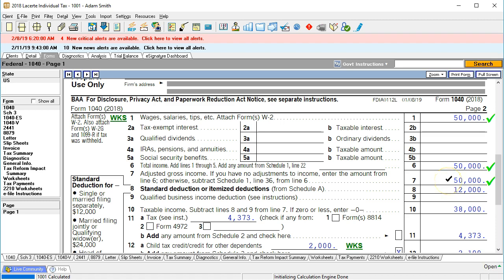So if you had some other funny things that applied as well for the modified adjusted gross income, then we would have to take this number, line 7, and adjust it for any modifications. But again, from a general rule standpoint, basically if the income goes up, we're talking about the gross income, the AGI, as opposed to more of the net income, which would be net of things like the standard or itemized deductions.